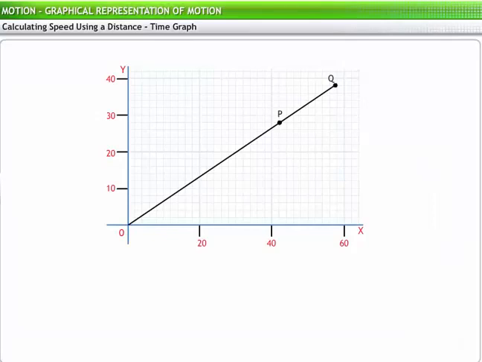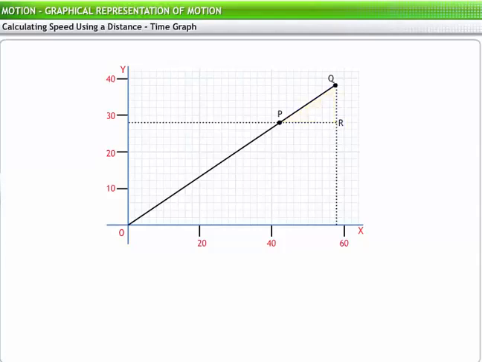Now, let's look at how we can use the distance time graph to make deductions about speed. To determine the speed of an object, consider a segment PQ of the distance-time graph of an object in uniform motion. Draw a line parallel to the y-axis from point Q and another line parallel to the x-axis from point P. These parallel lines intersect each other at point R to form a triangle PQR.